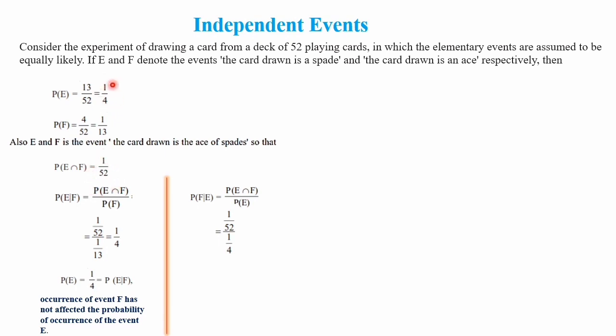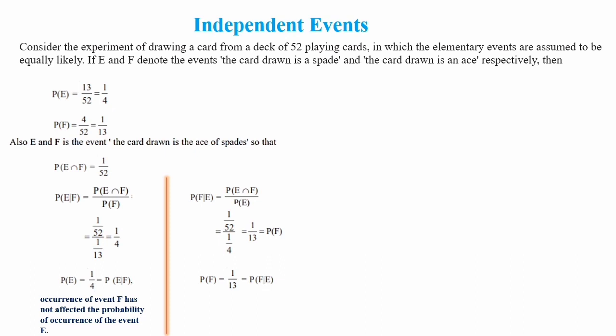The denominator goes to the numerator, so 4 by 52, which cancels to 1 by 13. This is our P of F. So P of F is 1 by 13, and P of F given E is also 1 by 13.